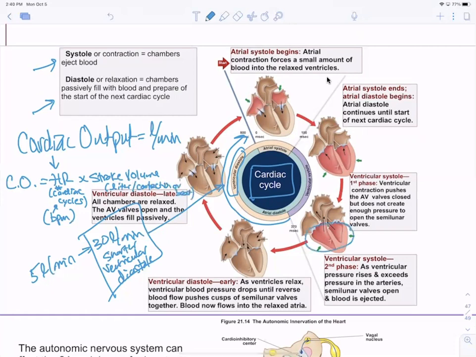Okay, so it's how much blood is being pumped, right? So that's stroke volume, how much blood.